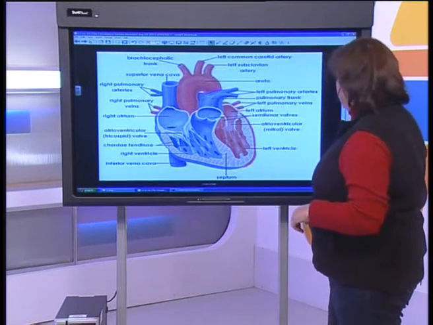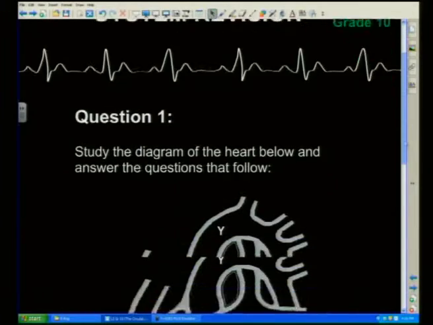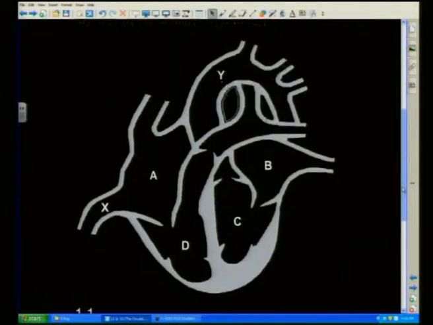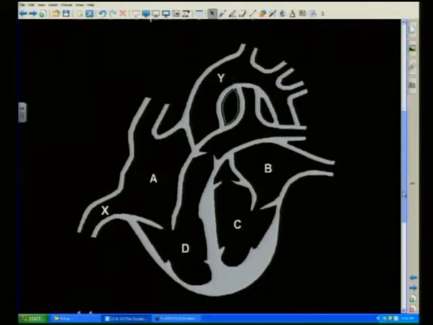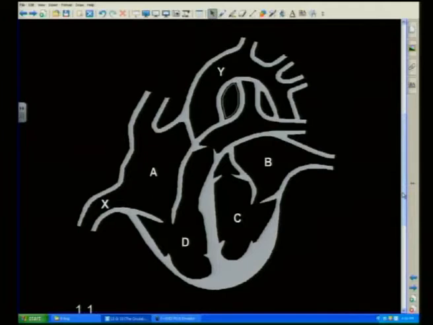Now we're going to go on to our first question. Okay, and if you can see there, what have I given you? A very plain, simple diagram of the heart. Okay, you guys, there are so many questions that you can ask. One of the things that you should also maybe invest in is try to get some study guides, or maybe your library at school, collect past papers.